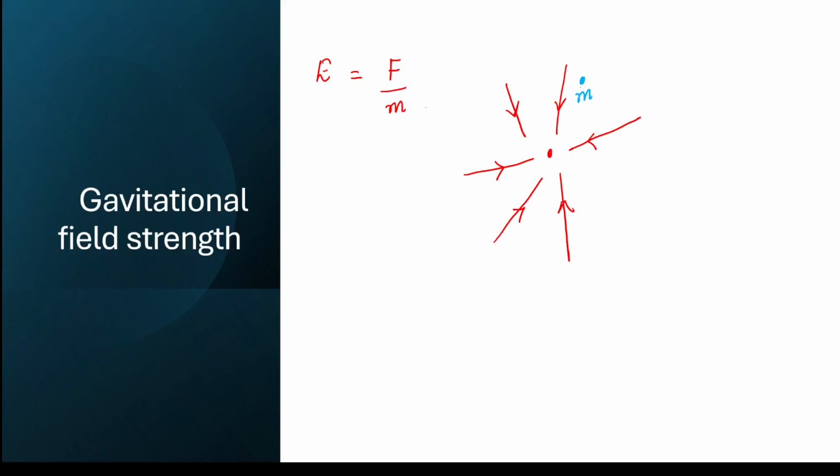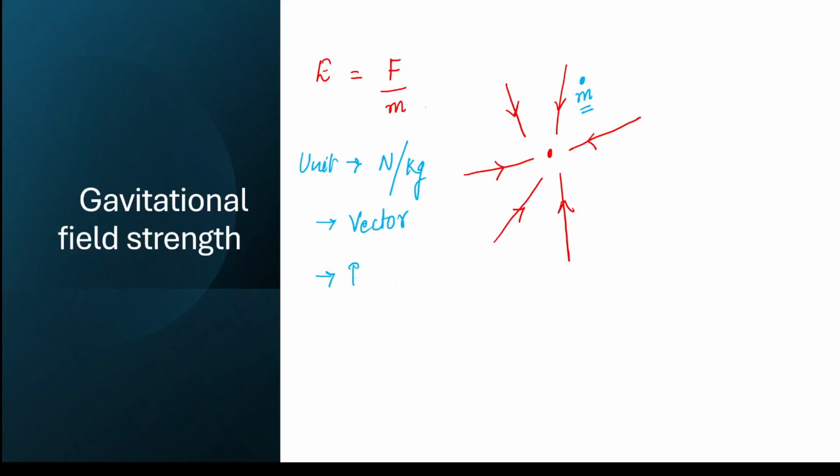What force this m experiences, by measuring that force and then dividing by this mass itself, we measure the field strength. So the unit is Newton per kg. It's a vector whose value is given by F over m.